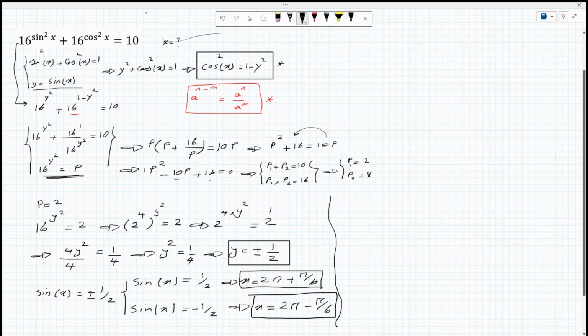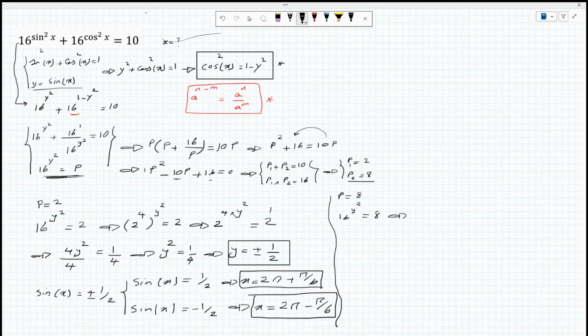But in scenario number 2, p is equal to 8. So if I write p is equal to 8, I'm going to do the same procedure here. It gives me 16 to the power of y² equals 8.